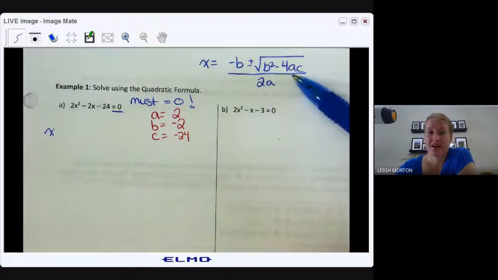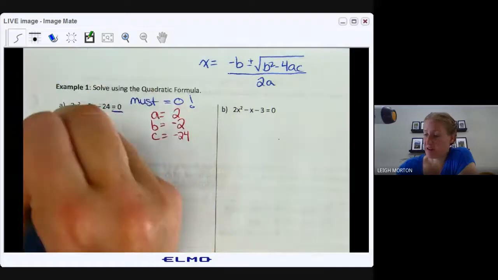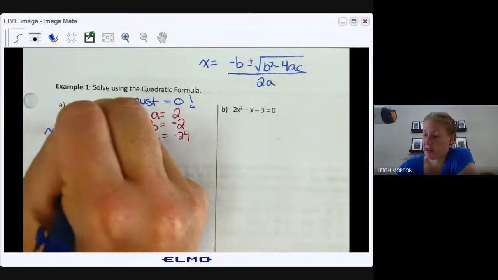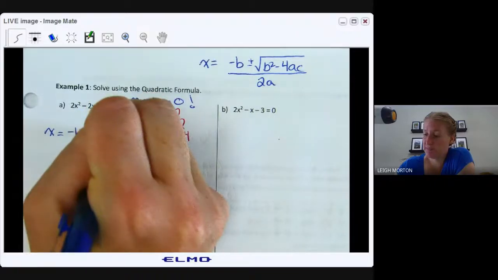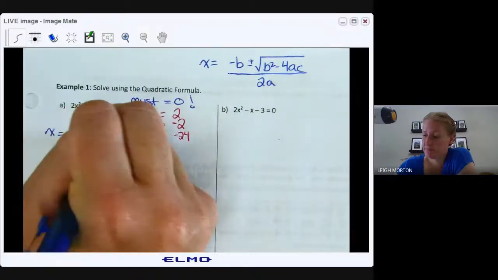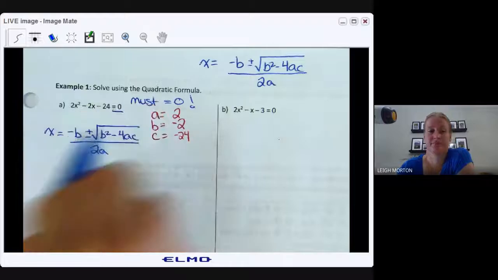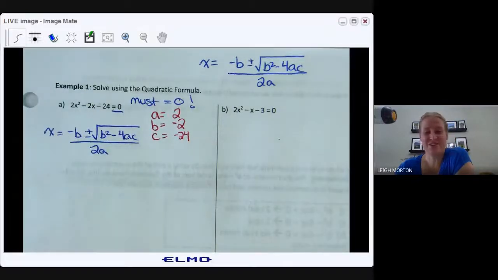Now, let's start off. I'm going to start by writing out my full formula so that I have something that I know I can follow to put the information in. So write that out.